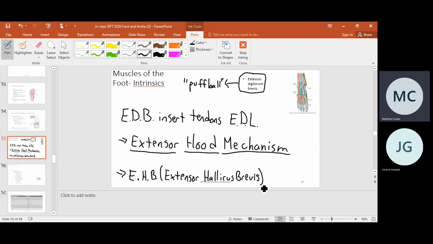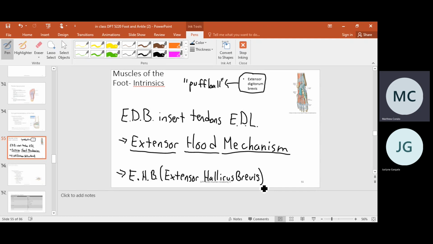It's going to do the exact same thing as extensor hallucis longus. In fact, if you look at the origin, it's going to have the exact same origin as extensor digitorum brevis, right? It's going to come off that superolateral calcaneus. The only difference is extensor hallucis brevis goes to the great toe, right? Extensor digitorum brevis goes to the other toes. That's really and truly the only difference.